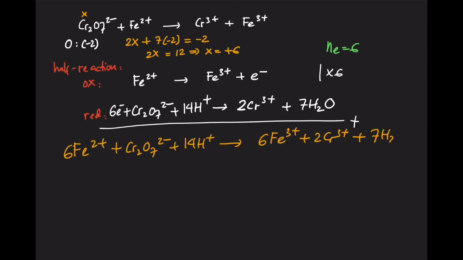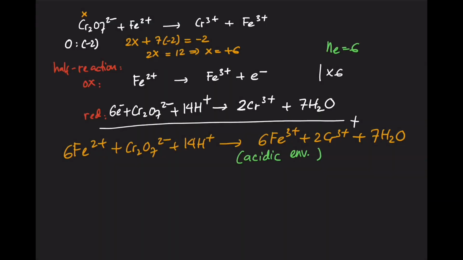This is our balanced reaction. The electrons will be cancelled out because now we have 6 electrons at the oxidation side and 6 electrons at the reduction side. Now in this case, this is what we call balancing the reaction in acidic condition or acidic environment.